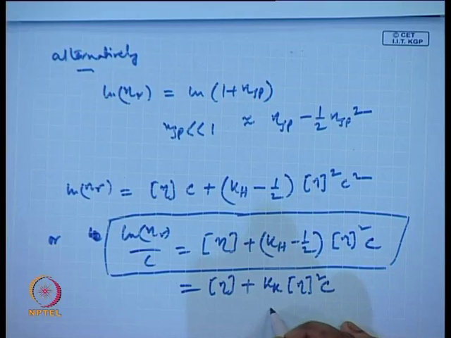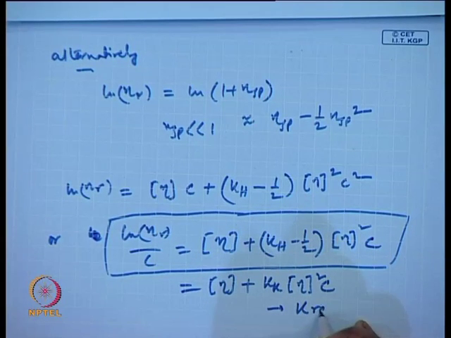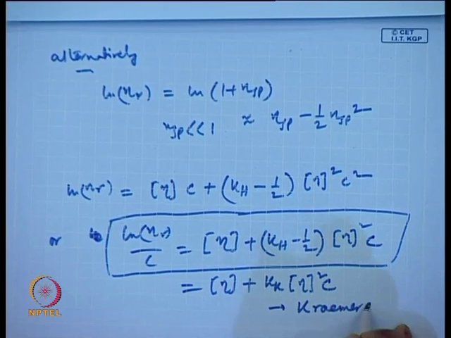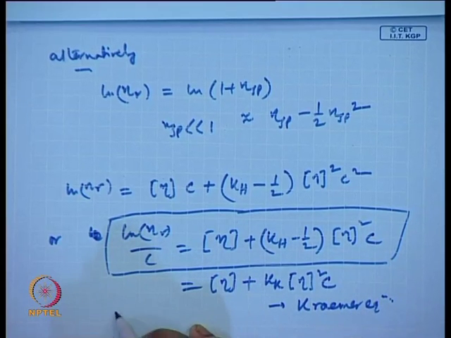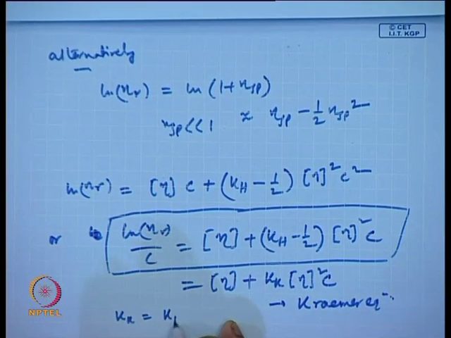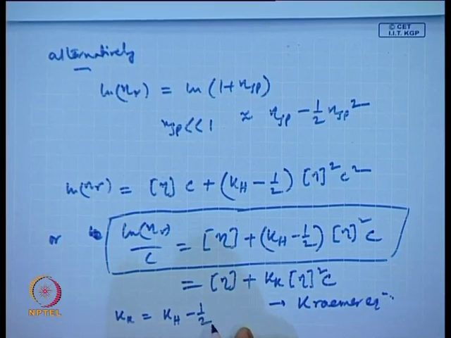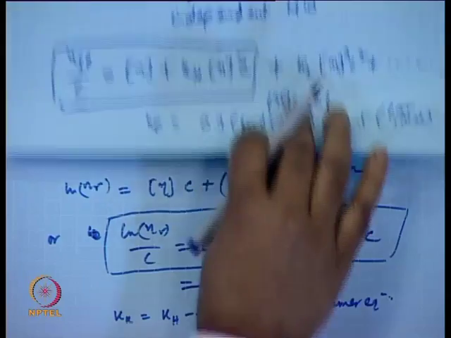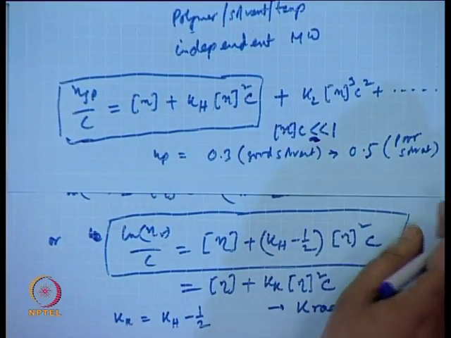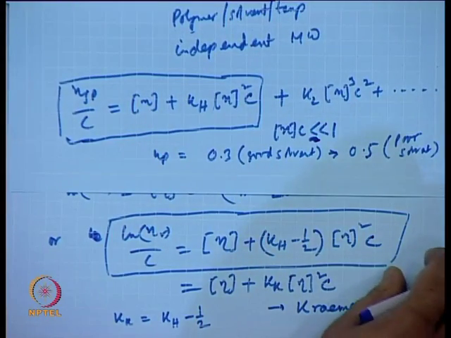This is Cramer's equation, where K is Kh minus half. So, it will be a negative quantity.